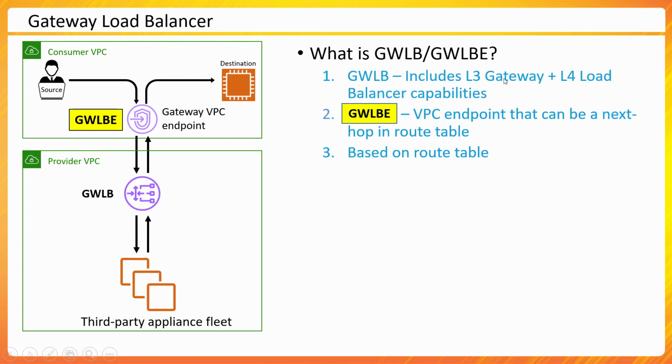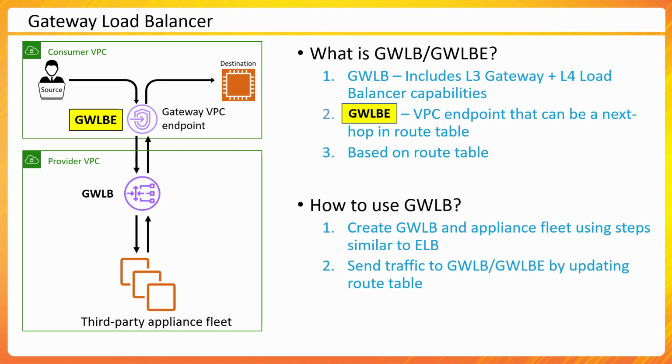So GWLB includes L3, L4 load balancing capability. GWLBE, which is my load balancer endpoint, can be the next hop in the routing table, and all this communication is happening on the IP layer, which is based on routing table communication. To get started, it is not a very different process from the first task.